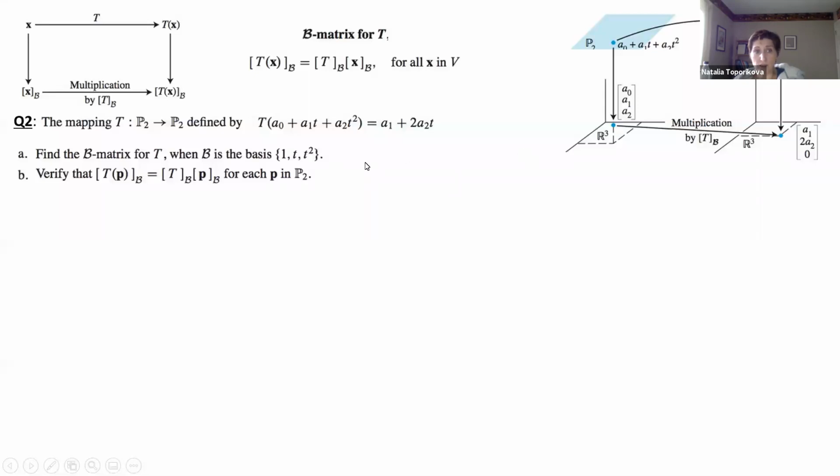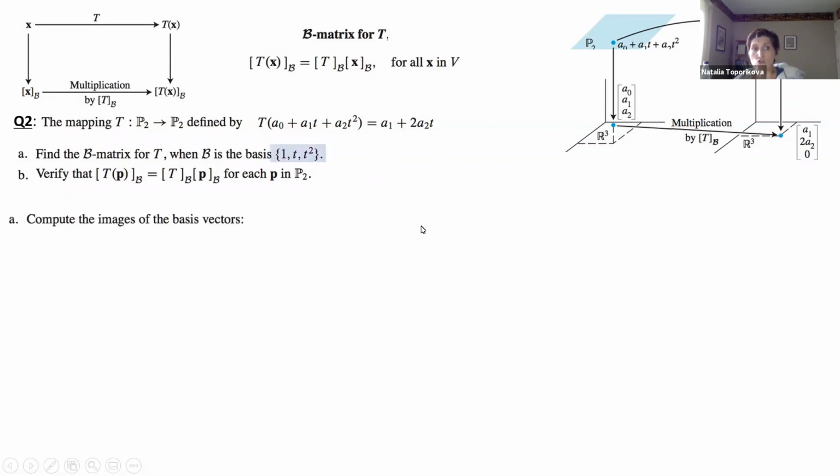And this matrix, I already told you, is called the B matrix for T, and it should have basically the images of the basis vectors for our space R3.